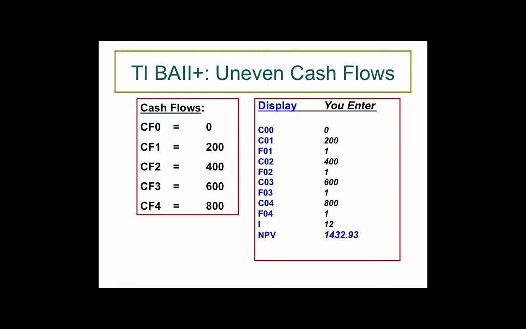Now you're going to hit the NPV button. Your I in this case is going to be 12, so you hit 12, enter, down arrow, NPV should pop up, and you're going to hit compute, and you should get $1,432.93, just like it shows right here on the screen.